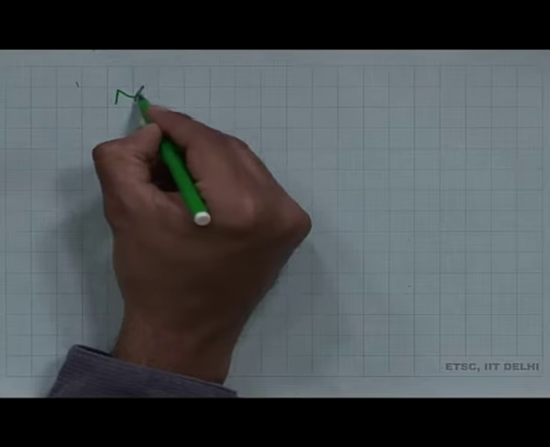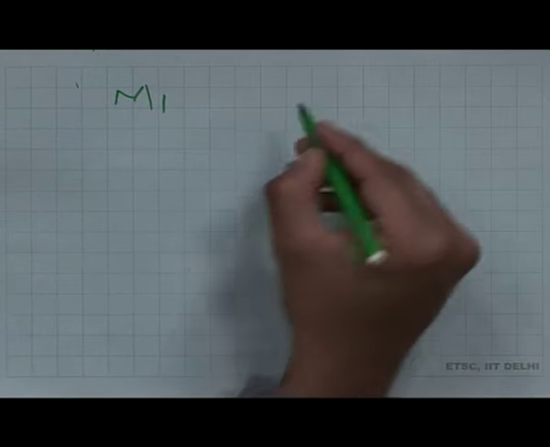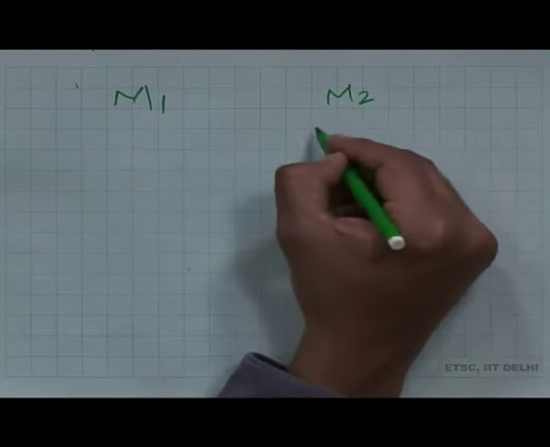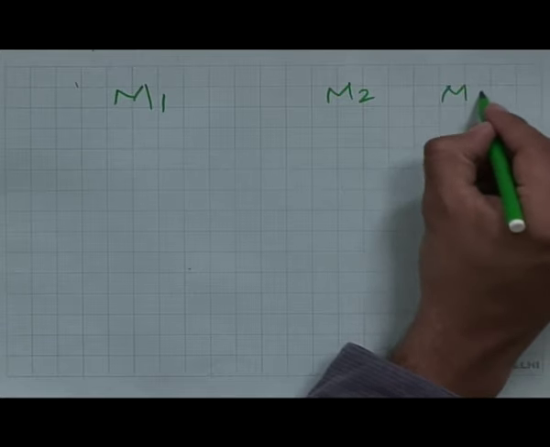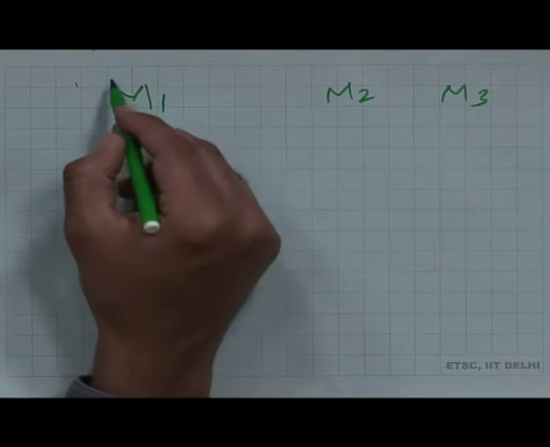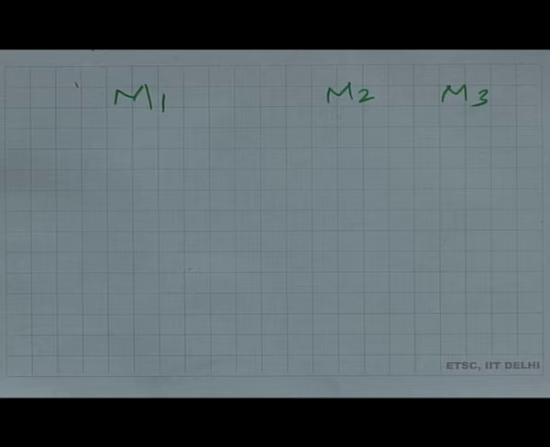So, for example, you have microorganism M1, you have another microorganism M2, and you have another microorganism M3. Okay. You want M1.